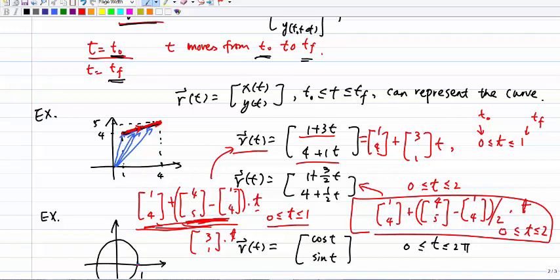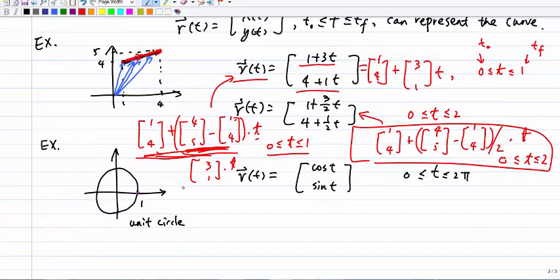Okay. So similarly, we can also represent the unit circle. If I'm starting the unit circle from this point and going all the way around, ending also at this point, you can represent the circle, assuming 2D space, as r(t) = (cos t, sin t), for t greater than 0 and less than 2 pi.